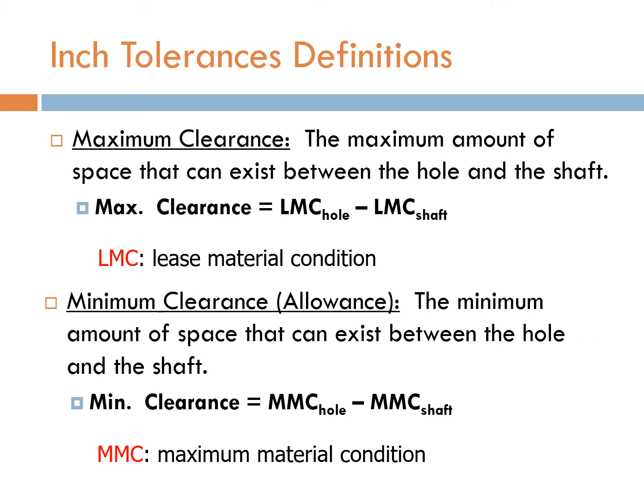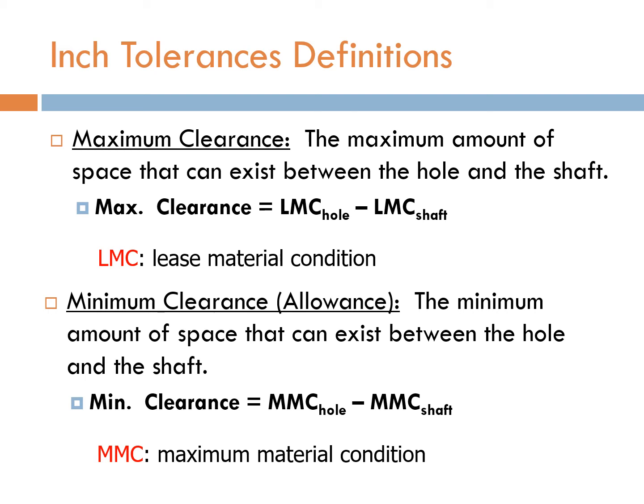Based on that, we can also define the maximum clearance and the minimum clearance. The maximum clearance means the distance between the shaft and the hole is the maximum. And that can be calculated from the LMC of the hole and the LMC of the shaft.